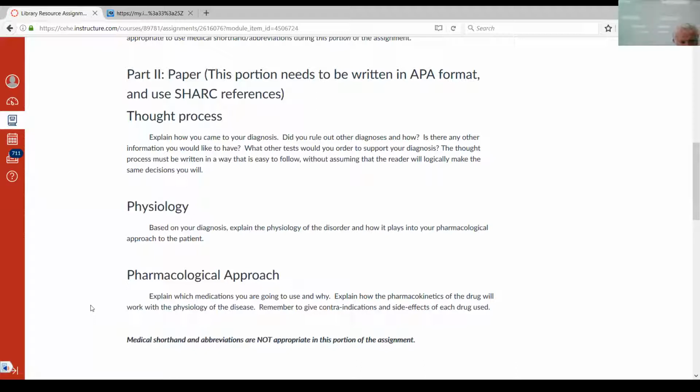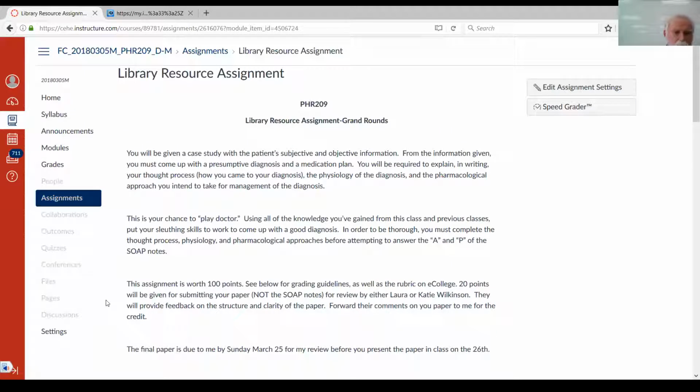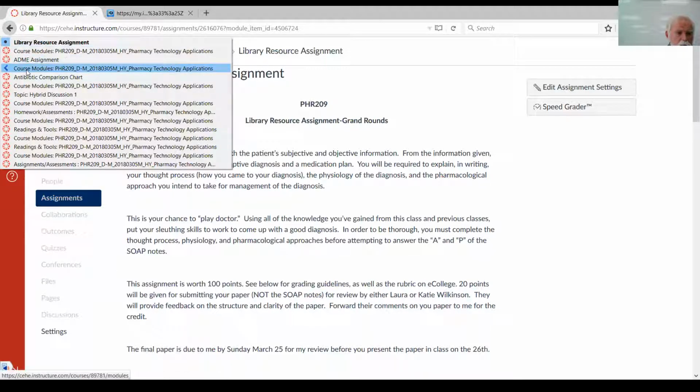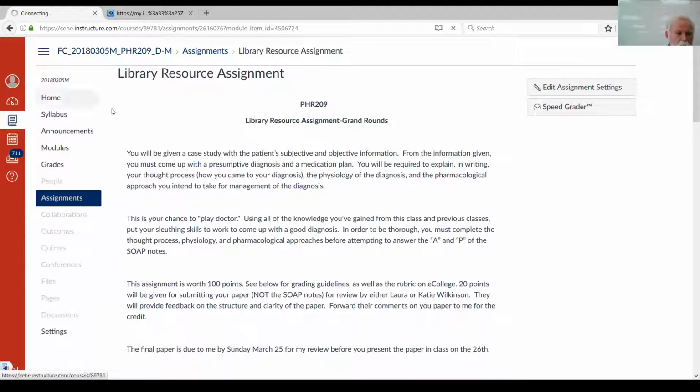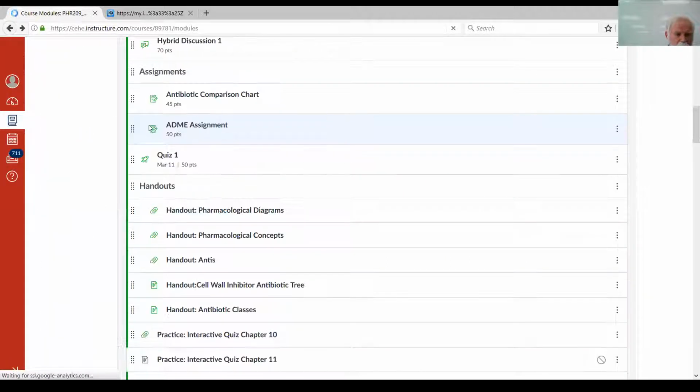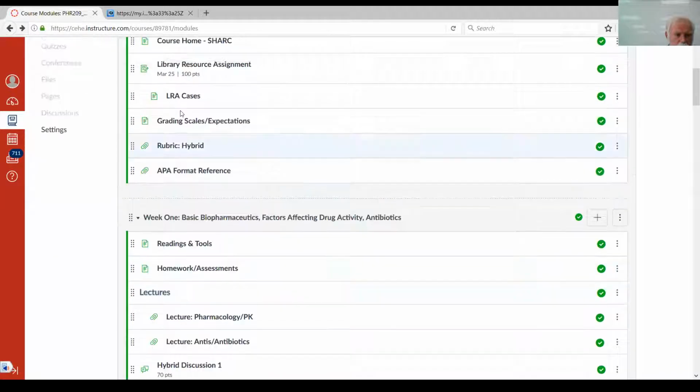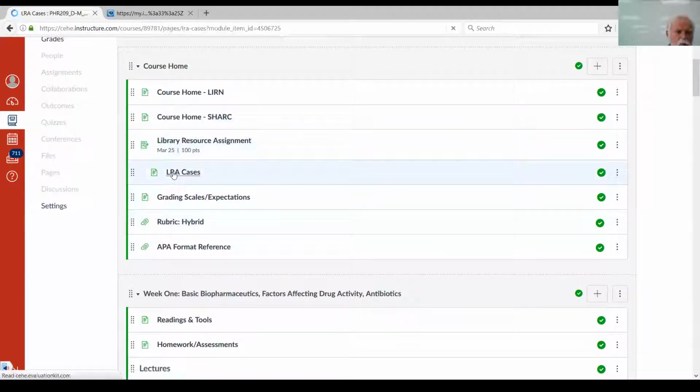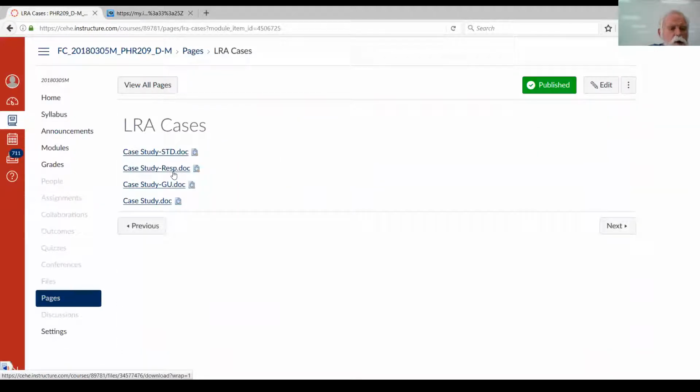Okay, so let's take a look. So that's the assignment itself. So the question now is, what are your choices? And let's go take a look at that particular example, LRA cases. You have 4 cases. Each of them is a somewhat different disease process and bodily system affected.